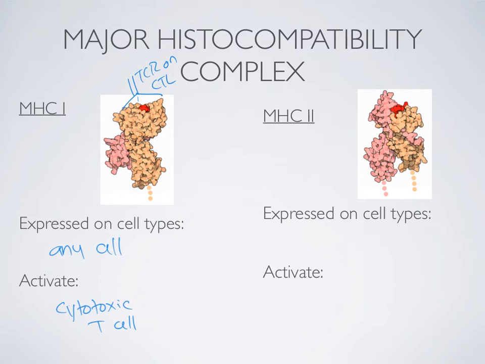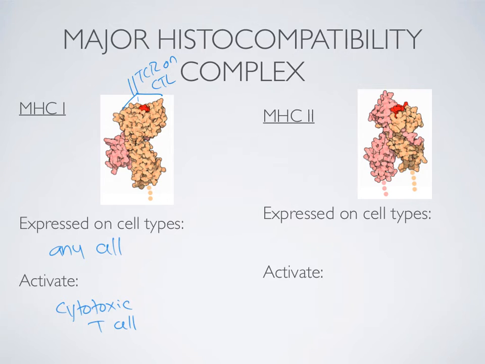And it's only if your cell happened to be infected by something, an intracellular bacteria or a virus, suddenly some of the proteins that get chewed up and put onto MHC are not supposed to be there. They're not self-proteins. And so when a T cell comes along, it says, hey, I recognize you. And if that T cell recognizes the antigen that's being presented on MHC1, you know that cell is infected.